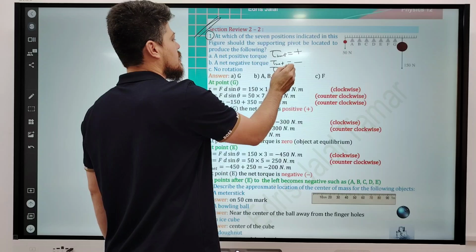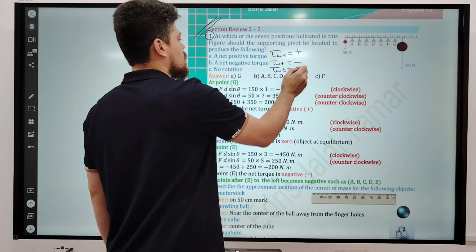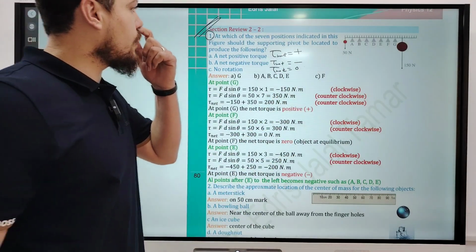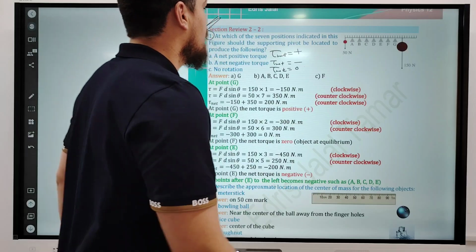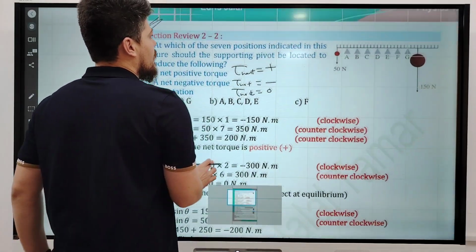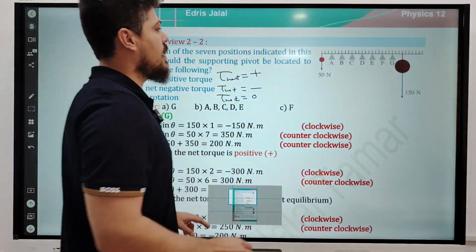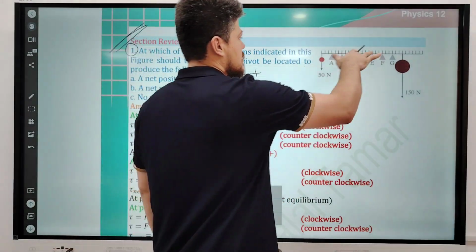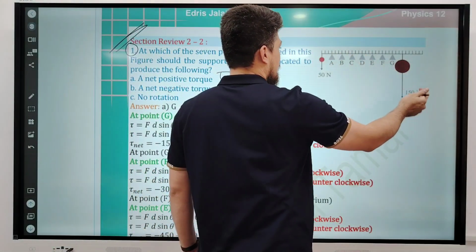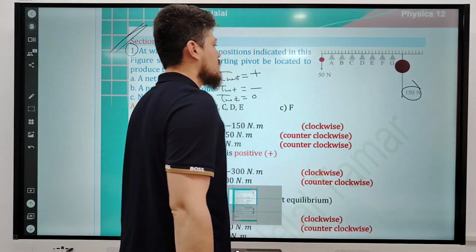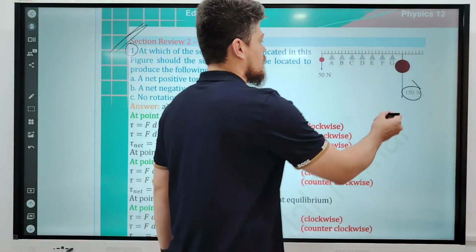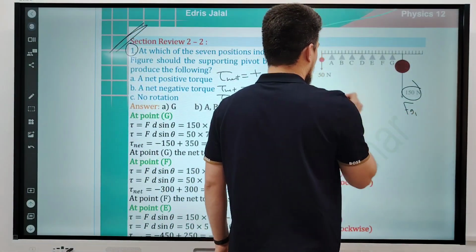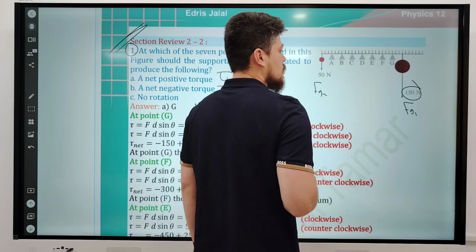What do you mean by no rotation? It means that net torque is equal to 0. In which pivot does the net torque become positive? How many pivots do we have? We have 7 pivots. And we have 2 masses attached by this beam. The first mass has a force of 150 Newton. Assume that this is Fg1 and this is Fg2.